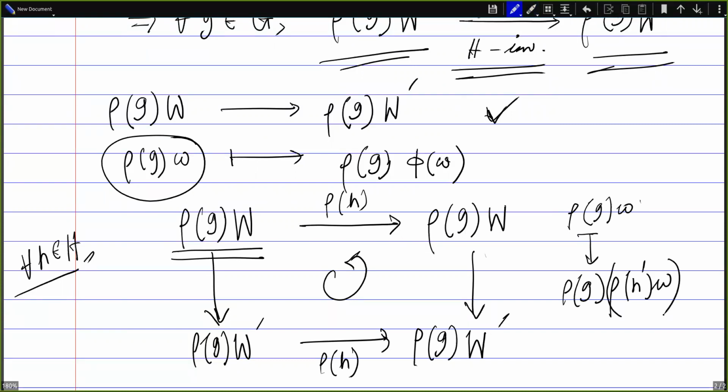Recall that rho H dash W is in W because W is H invariant. So starting with an element here, once we apply rho H, this is what we get.